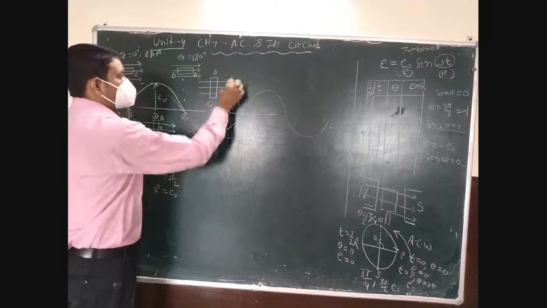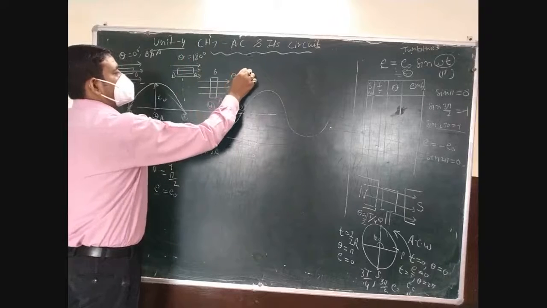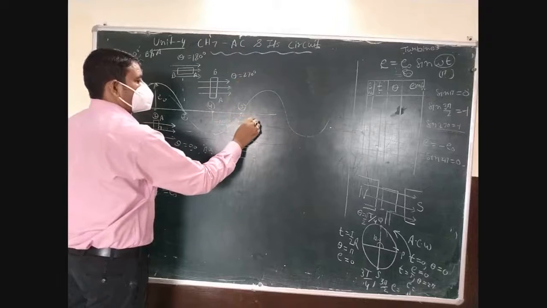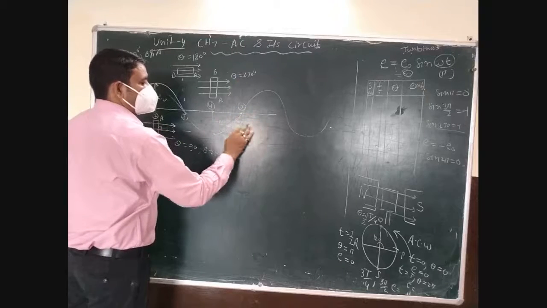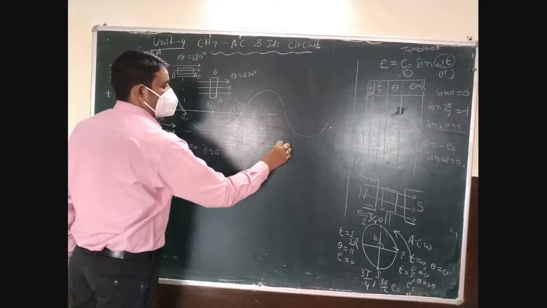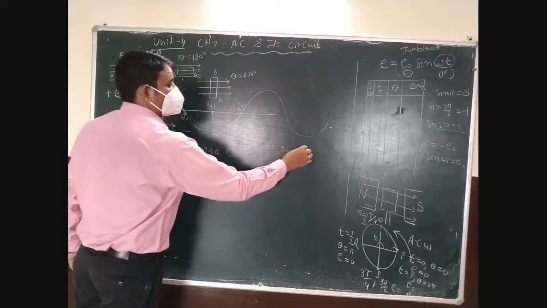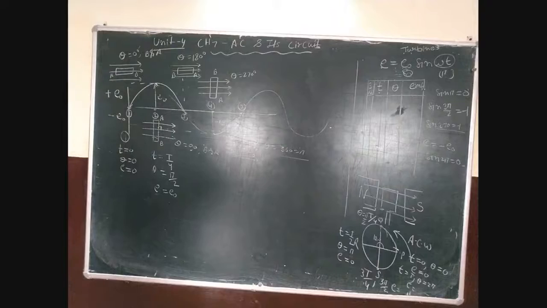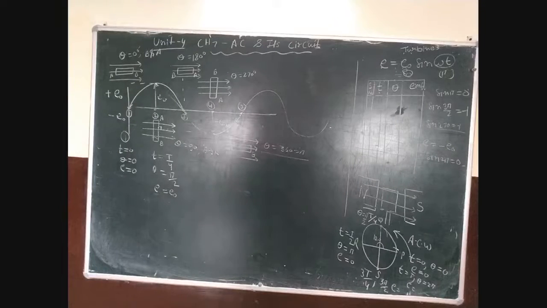Here theta is 270 degree, and here theta is 360 or 2 pi. Okay, this is the phase diagram for every 1/4 of time duration. Clear?